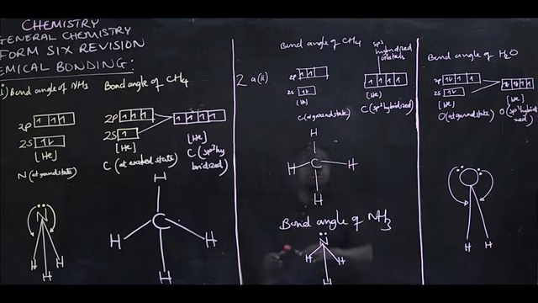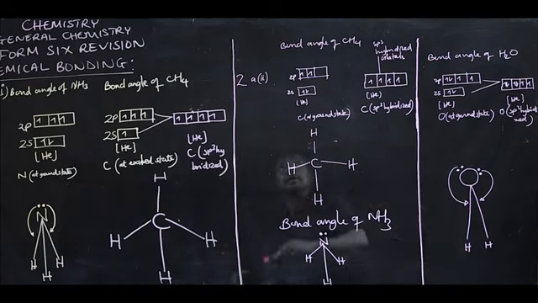So all molecules have bond angles, and those bond angles are not equal, they are different. To know that molecules of different substances have different bond angles, consider the molecules of methane, ammonia, and water.